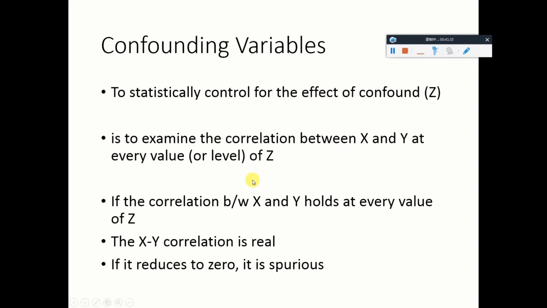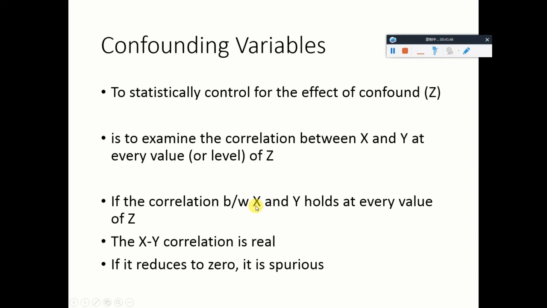So this is the definition of statistically controlling for the effect of a confound. That is to examine the original correlation, the correlation to be explained, the correlation that we would like to demonstrate as spurious, at every value of z. If at every value of z, the correlation under examination still holds, then the correlation is real.